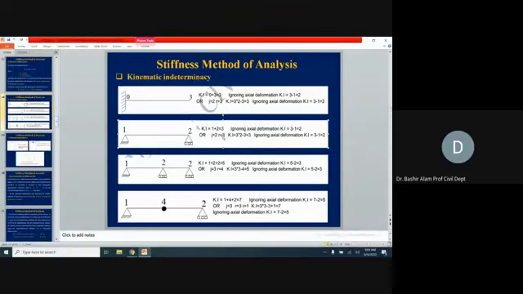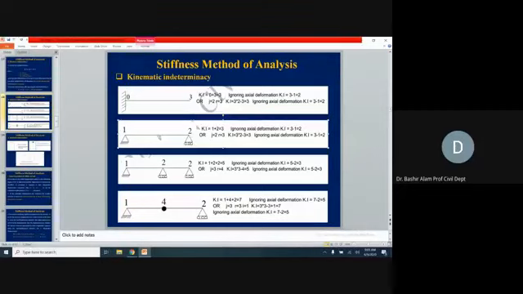So here you can see R is equal to 3. Now, if we take the total kinematic indeterminacy, including the axial effects, this will become 3J minus R. So 3 times 2 minus 3 is equal to 3 degrees. This is kinematically indeterminate by 3 degrees.